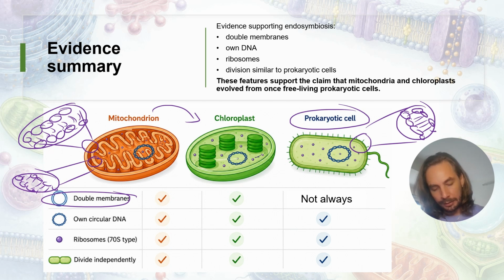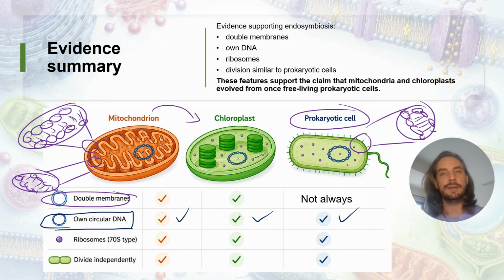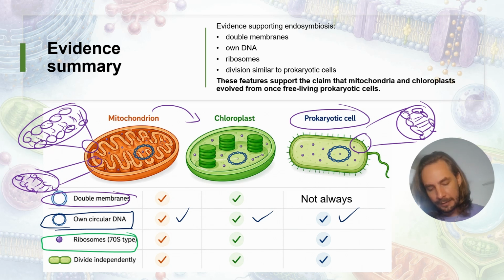The other piece of evidence is that they have their own circular DNA, and this is true for mitochondria, chloroplasts, and prokaryotic cells. Another important piece of evidence is that they have the same type of ribosomes. The ribosomes we find in prokaryotic cells, we also find within chloroplasts and within mitochondria.